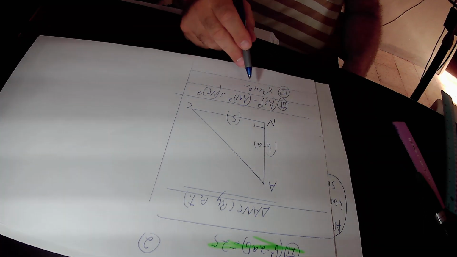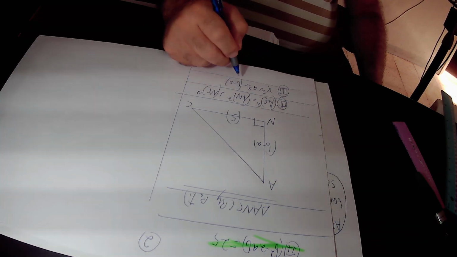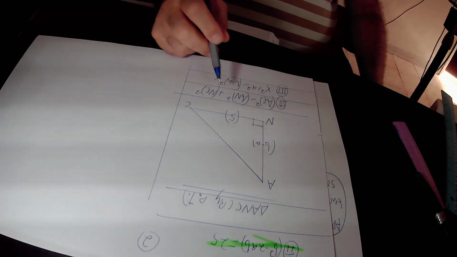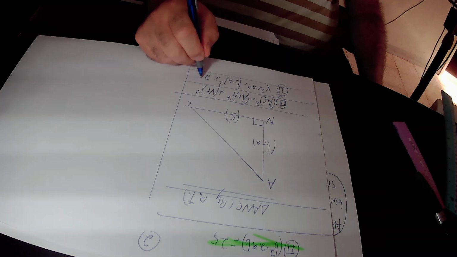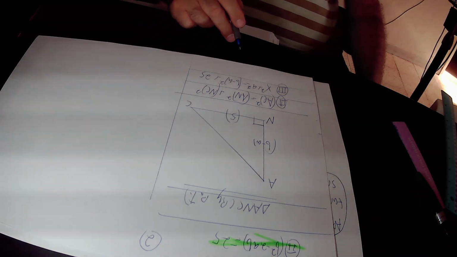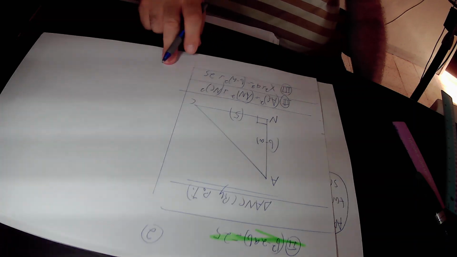AN is B minus A, therefore AN squared is B minus A squared. NC is 5, therefore NC squared is 5 squared, that is 25. So in total, according to equation 3, X squared plus A squared equals B minus A squared plus 25.